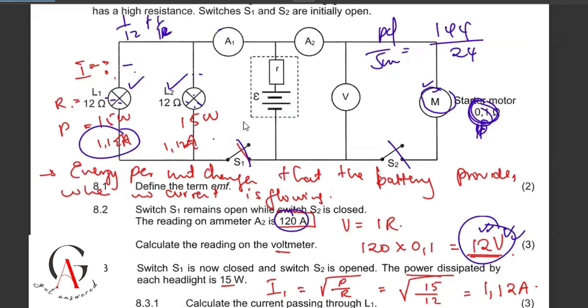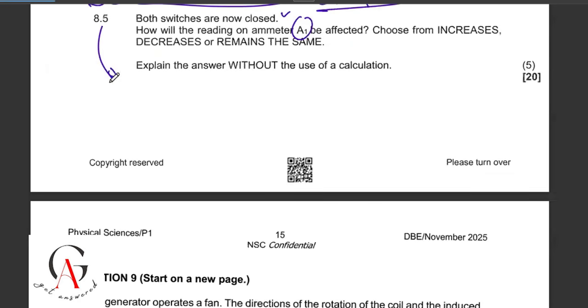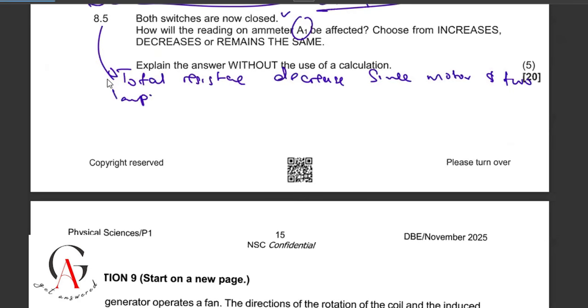And if the current increases, chances are high there's going to be an overload on the battery. So let's explain it down here. Before we reach the verdict, we're going to say that the total resistance will decrease since the motor and the two lamps are in parallel.